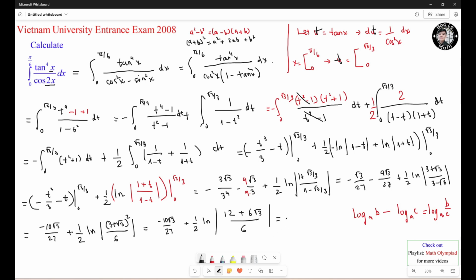So the final answer must be negative 10 root 3 over 27 plus 1/2 natural log of 2 plus root 3. Because 2 plus root 3 is positive number, so you can remove the absolute value sign without changing anything. So it turns out to be 2 plus root 3. And this is the final answer.